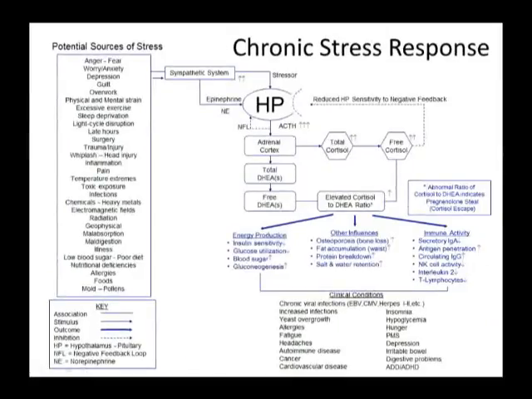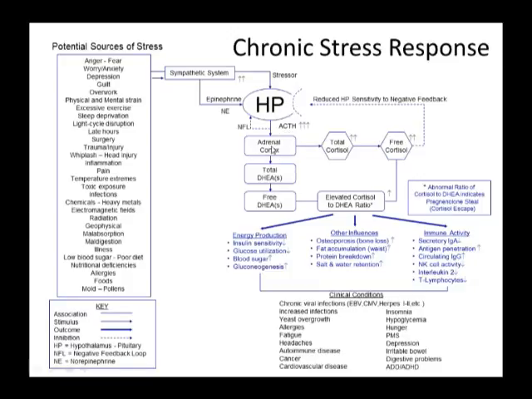This slide gets a little bit in depth. We'll just go through it real briefly. On the left-hand side are the potential sources of stress. As you can see, these are mediated through what's called the sympathetic nervous system, which is that fight or flight response. It tells the hypothalamus to produce ACTH.